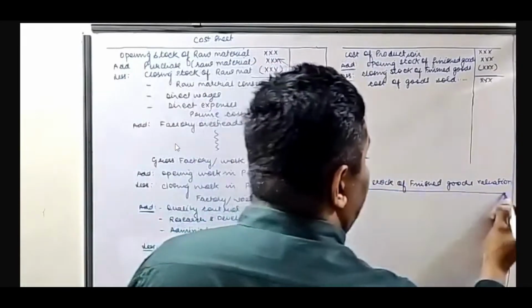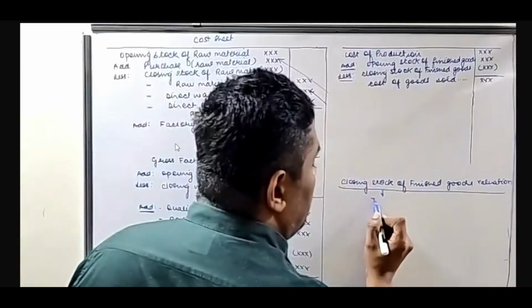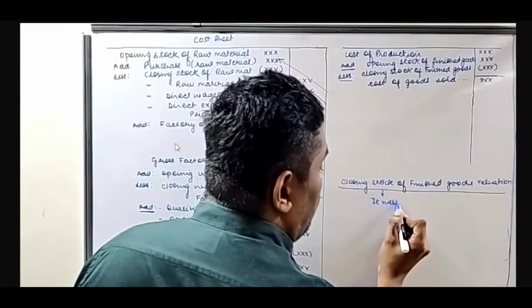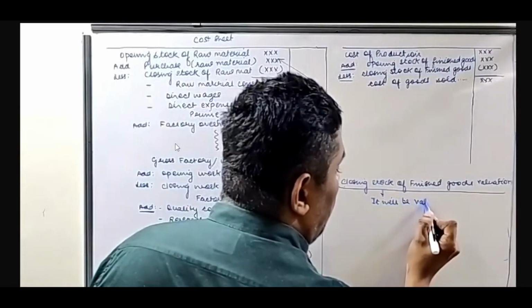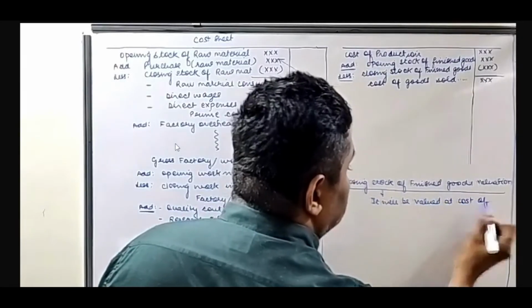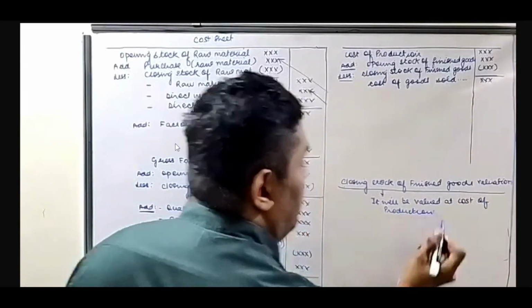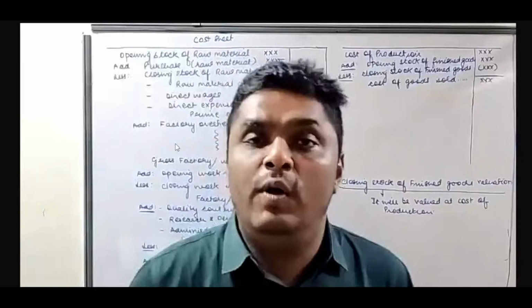When talking about the valuation of closing stock of finished goods, it will be valued at cost of production, assuming we are using the FIFO approach.